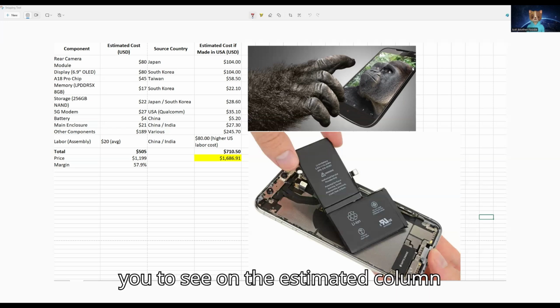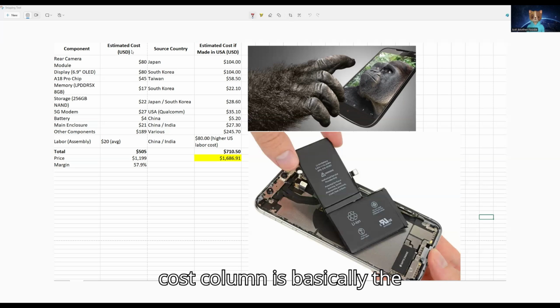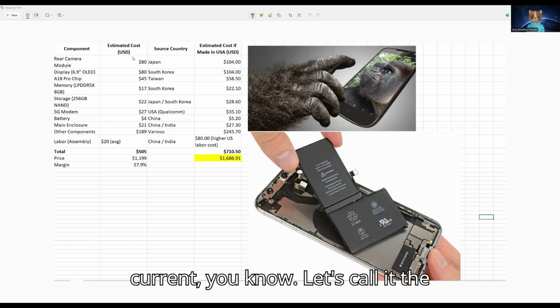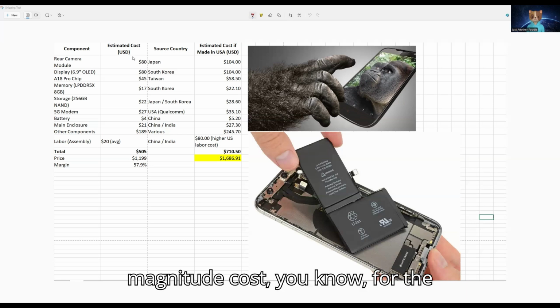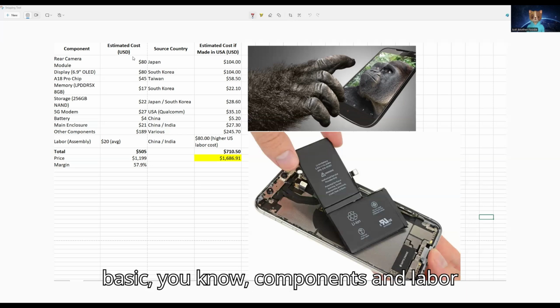So what I want you to see on the estimated cost column is basically the current, let's call it the ChatGPT-level rough order of magnitude cost for the basic components and labor costs.